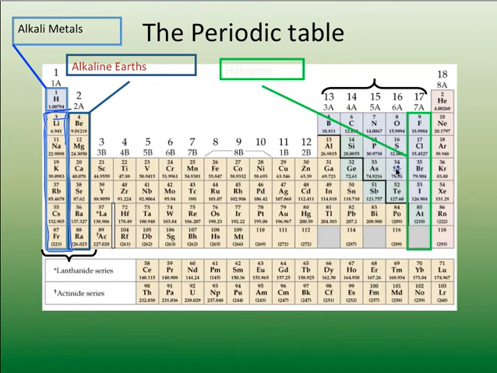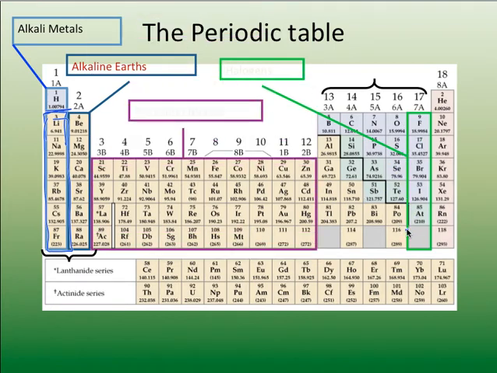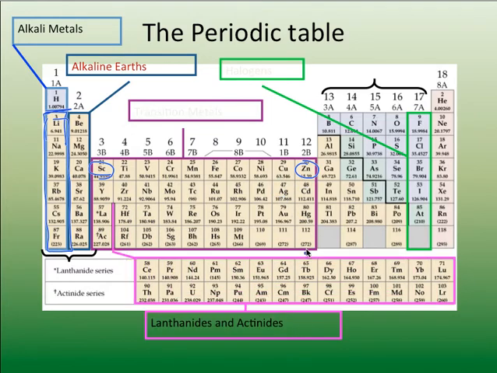You have your halogens, or group 17, 7A. Then you have your transition metals. We'll find that scandium and zinc are really not considered transition metals, but they do sit in that block. We have the lanthanides and the actinides, and then we have the noble gases.